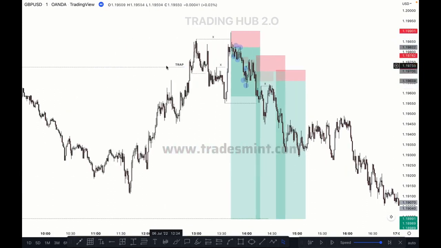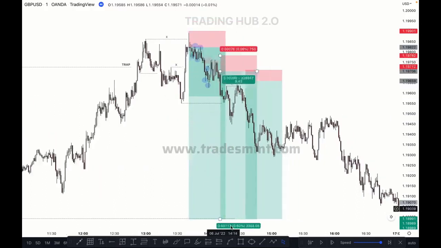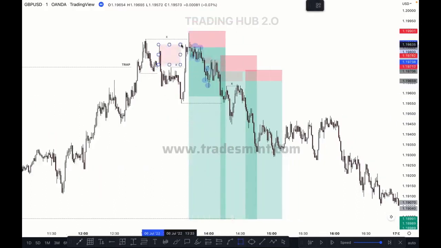First it traps the buyers and then waits for the lower time frame inducement, and then you can sell on the candlestick confirmation. If anything shows any bearish reaction here on this zone, okay, then you can sell here also. If not, then you have to wait for more confirmation.